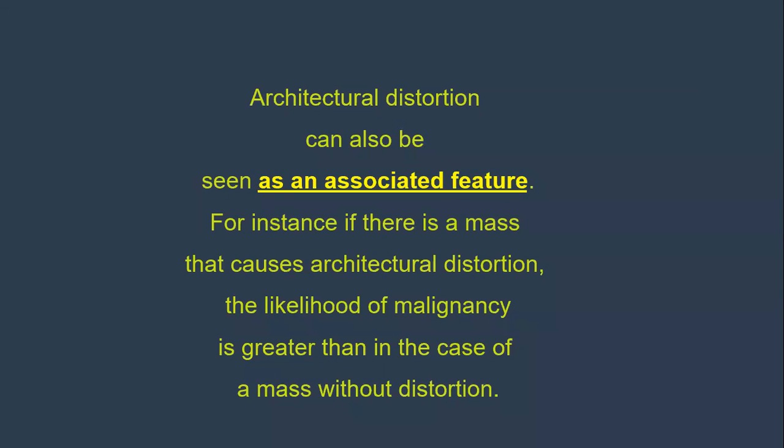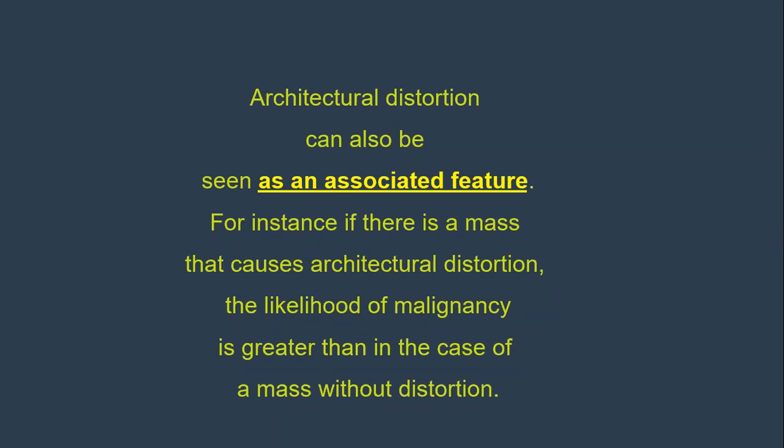We discuss architectural distortion as standalone, or architectural distortion associated with calcification or asymmetry. When architectural distortion is seen with a mass, we consider it a secondary feature. We will not consider it a primary feature.